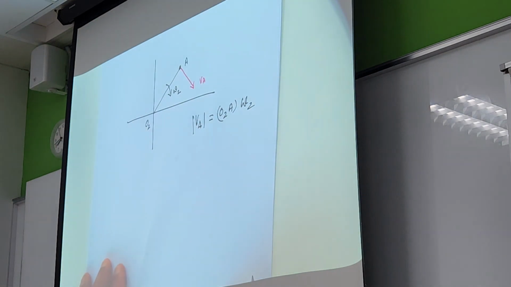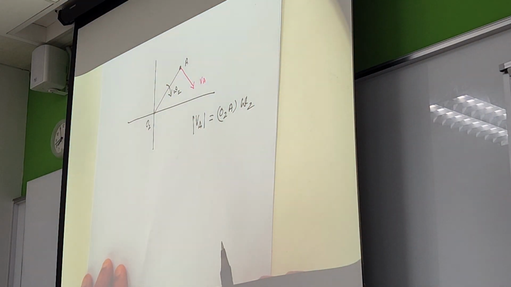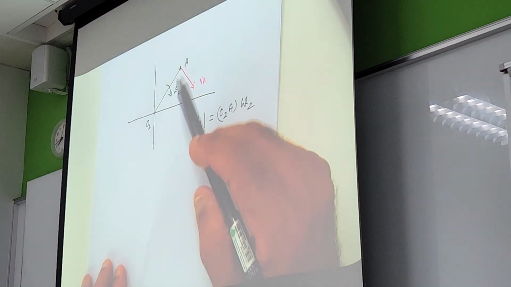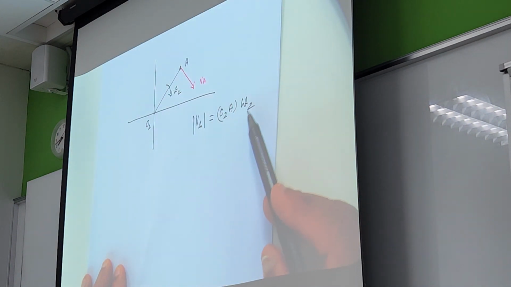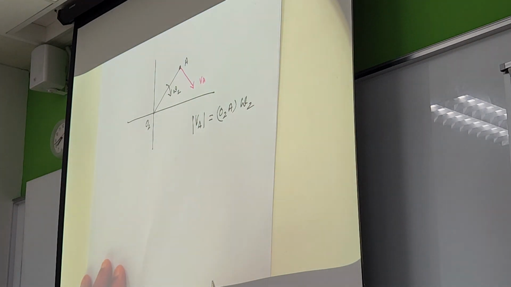Guys, can you tell me why we can write like this? So velocity A can be written as the magnitude or the length of the link multiplied by the angular velocity. Why can we write this? Now, point A is rotating, so it has instantaneous center at O2.